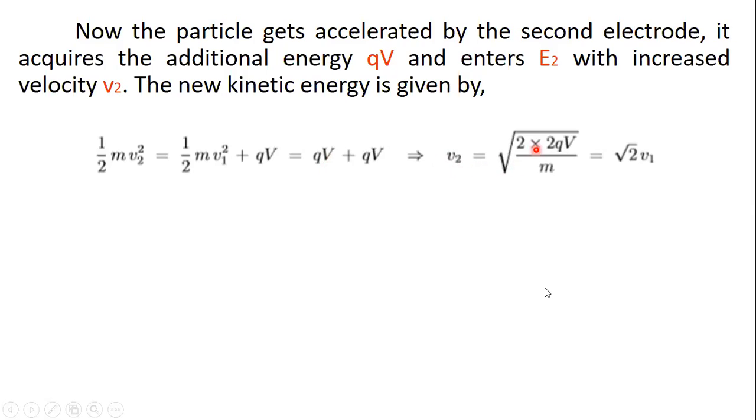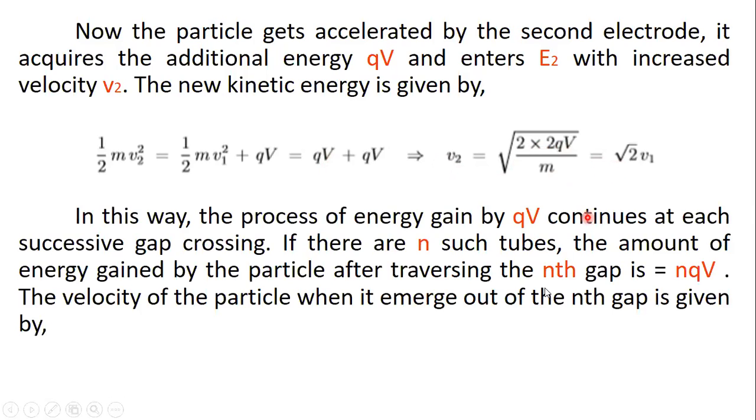Therefore, the new velocity of the particle v2 is equal to root of 2 into 2qV by m, which is equal to root 2 times v1. Okay. Now, in this way, the process of energy gain by an amount qV continues at each successive gap crossing.